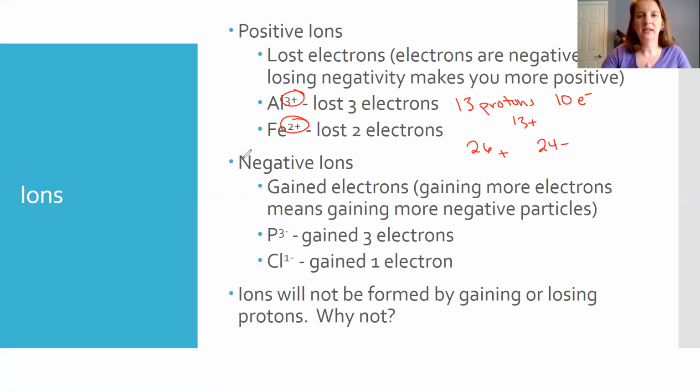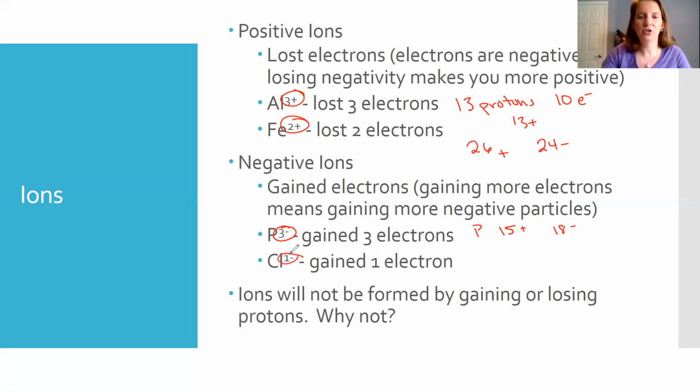Okay? Negative ions, in order to become negative, an atom has to gain electrons. They have to gain negative charge. So a P with a -3, phosphorus always has 15 protons. So typically has 15 electrons as well, but if it has a -3 charge, that means it gained 3 electrons. So now it has 18 negative charges.